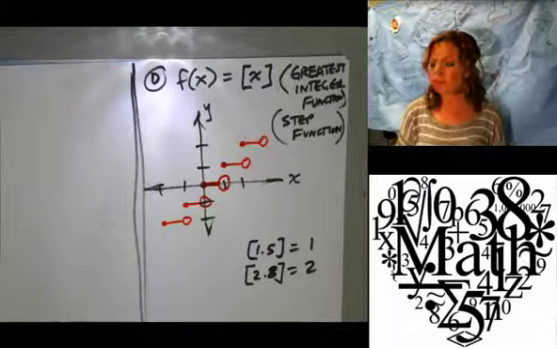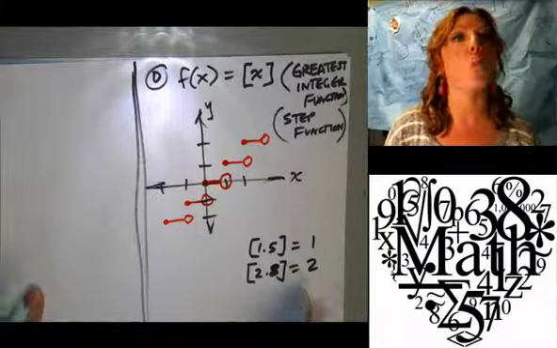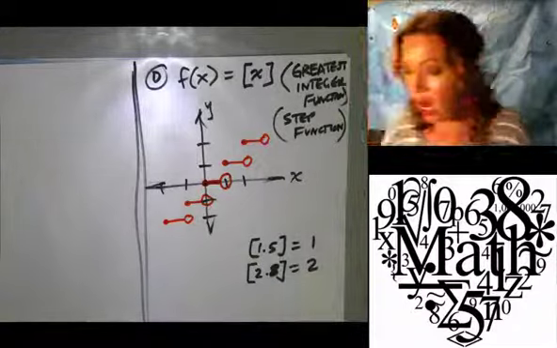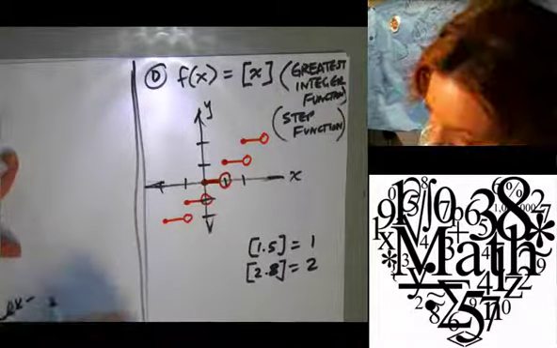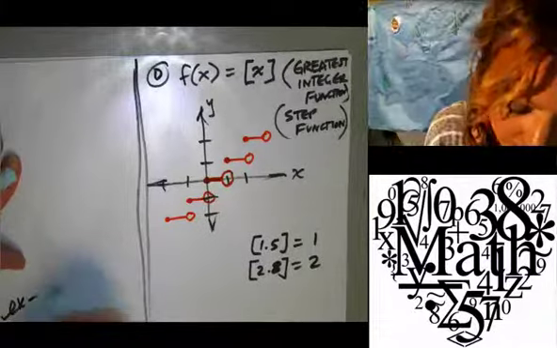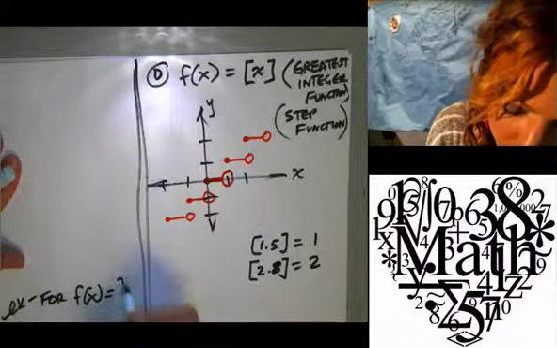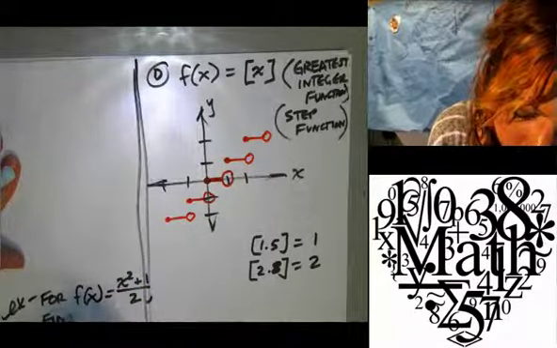All right. Again, we don't need to worry about the graph so much as this piece of it, which is what greatest integer does as far as specific numbers. So check out how easy this is. Here are our examples. For f of x equals x squared plus 1 divided by 2, we want to find a few things here.